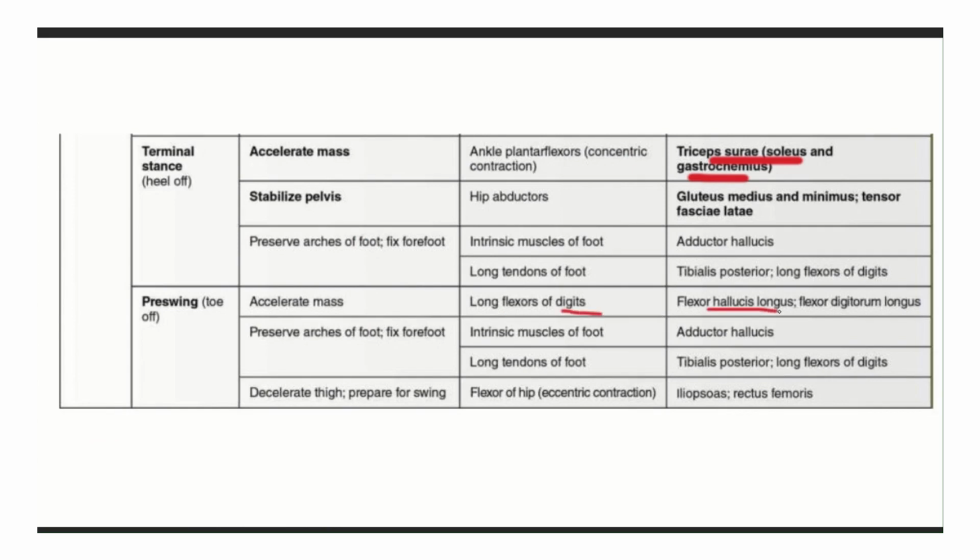The flexor hallucis longus and flexor digitorum longus will be working to lift the foot from the ground towards backward, and preserve the arches of the foot. The same intrinsic muscles like adductor hallucis, tibialis posterior, and long flexors of digits will be working.